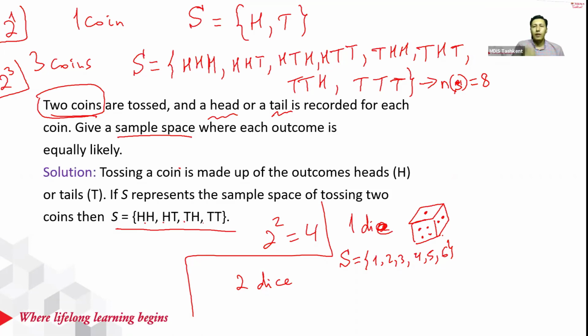If you toss a die, you may get 1, 2, 3, 4, 5, or 6. If 2 dice, then it will be more. So each die has how many faces? 6 faces. 6 power 1 gives you 6. So here, number of elements of sample space is equal to 6. If 2 dice, 6 power 2 will be 36. There are 36 possibilities. If 3 dice, 216 possibilities, and so on.